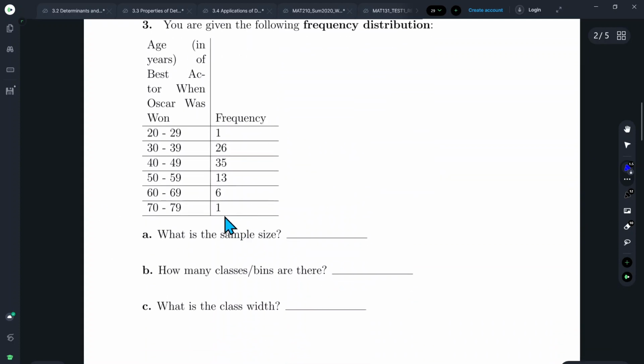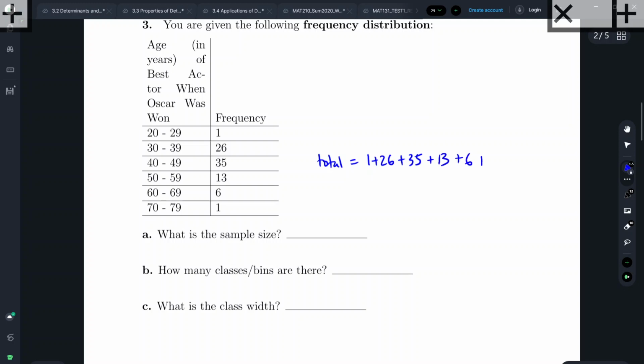So in terms of the sample size, that's the total of all the frequencies. Right, so we can just add that all up. 1 plus 26 plus 35 plus 13 plus 6 plus 1.